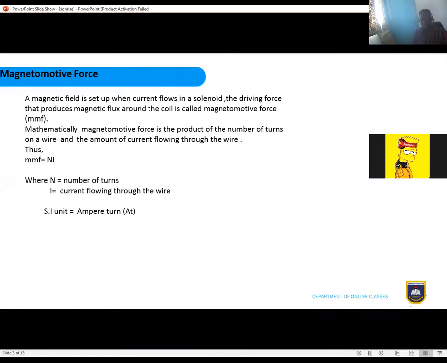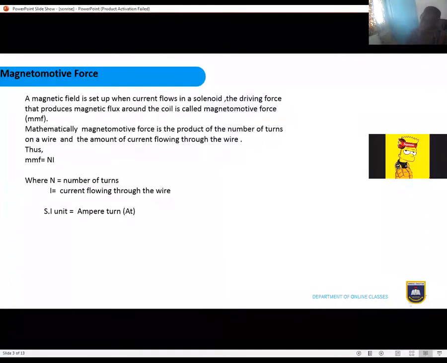Okay, so a magnetic field is set up when current flows in a solenoid. The driving force that produces the magnetic flux around the coil is called the magnetomotive force. It's represented by MMF. So mathematically, magnetomotive force is the product of the number of turns of a wire and the amount of current flowing through the wire.